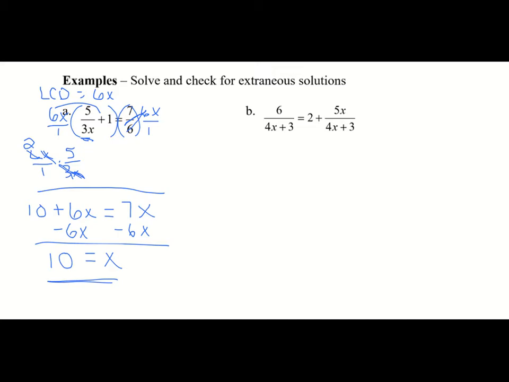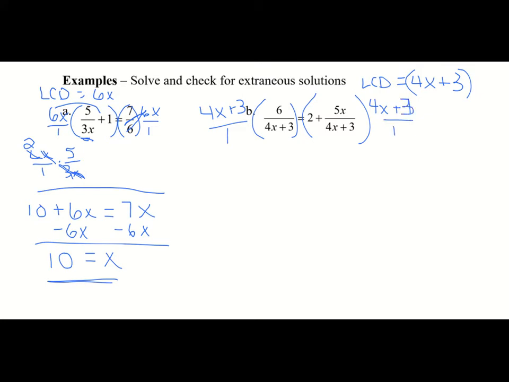All right, so for B, we have two denominators. They are both 4x plus 3. So my LCD here is going to be the 4x plus 3, the whole expression. So I'm going to multiply everything by 4x plus 3, or again, think of it like 4x plus 3 over 1.